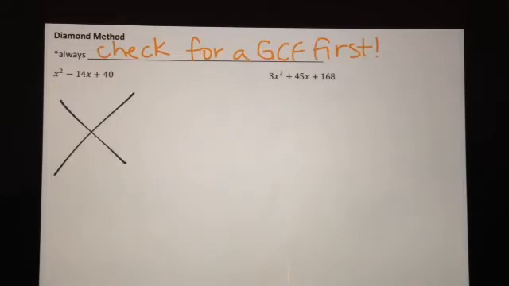So after that, we'll go ahead and do the actual diamond method. So if you guys recall, for the diamond method, this number goes on top, and this number goes on the bottom. And so we are looking for something that multiplies to 40 and adds to negative 14. Now, if you're not very good at multiplication, this could be a difficult thing for you to do.